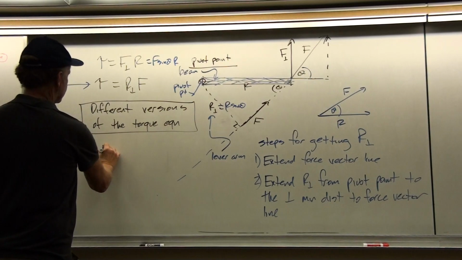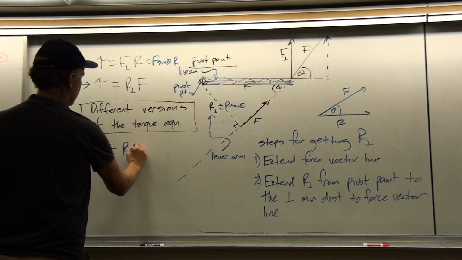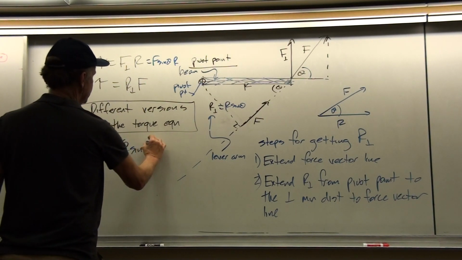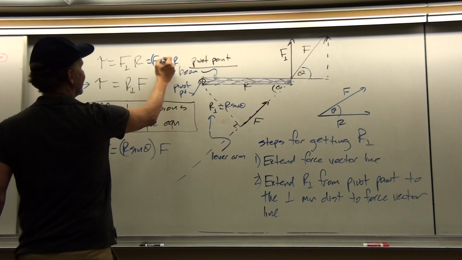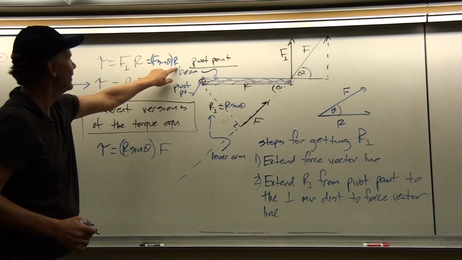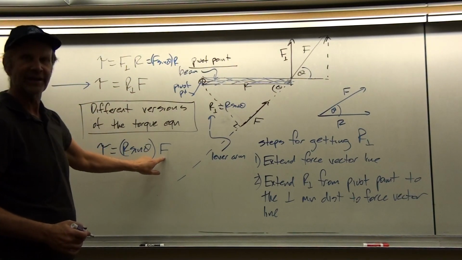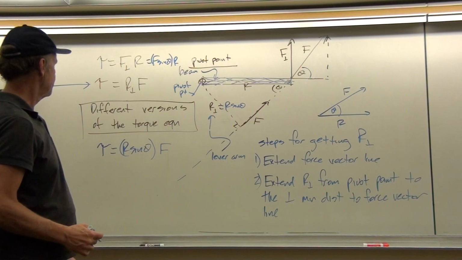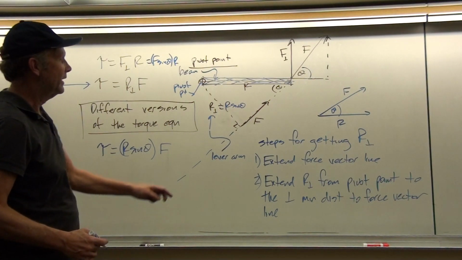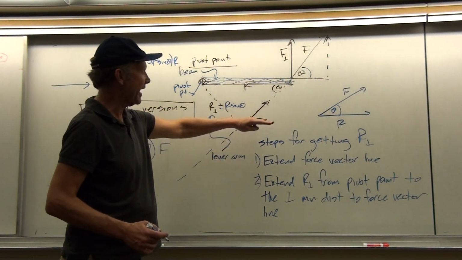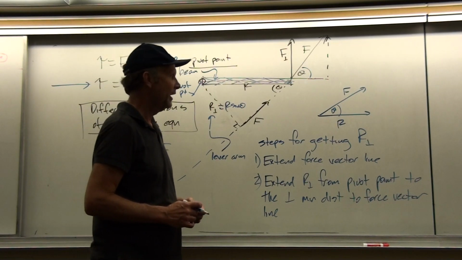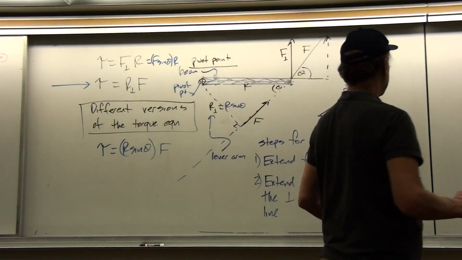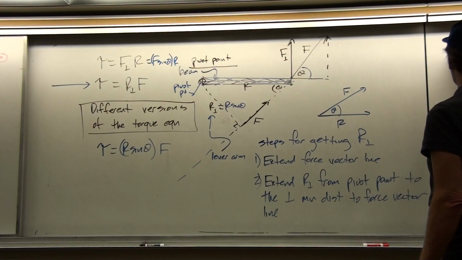Okay, so we can rewrite the torque then as r sine theta, which is r perpendicular, times F. But we see that that's exactly the same as writing it as F perpendicular times r, because in both cases it's just Fr times the sine of theta. But in some cases, this application of the torque equation is easier to implement. And so I'd like to take a look at an example where we could use that.